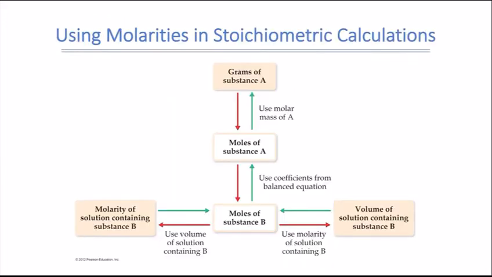Another way we can think about it is if we figure out moles of A, use the balanced equation, convert to moles of B, we can figure out the volume of B if we know the molarity. If we know the volume, then we can convert to molarity of B. Now, sometimes we might know what the mass of our substance is, and then we can convert to moles of substance. This could either be grams, or we might know the volume.